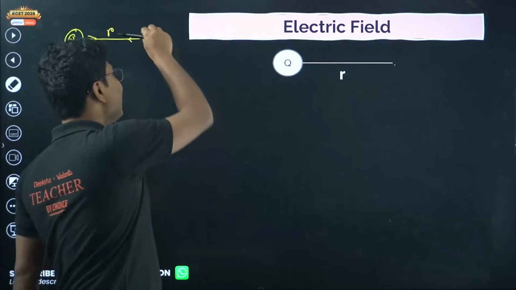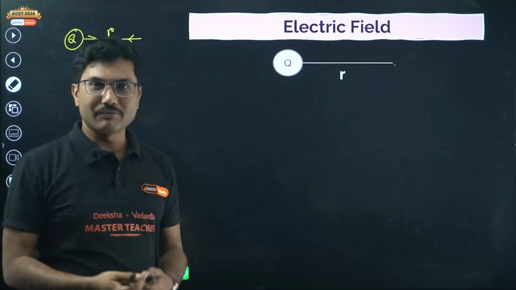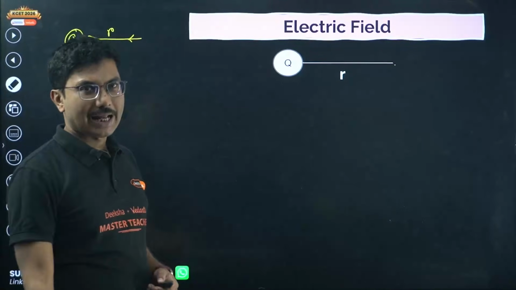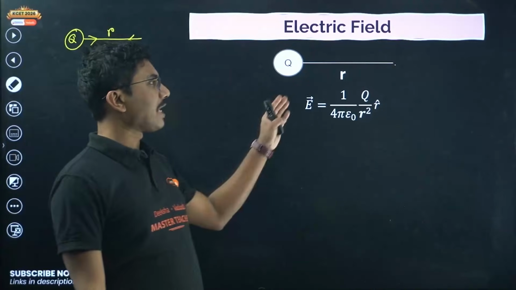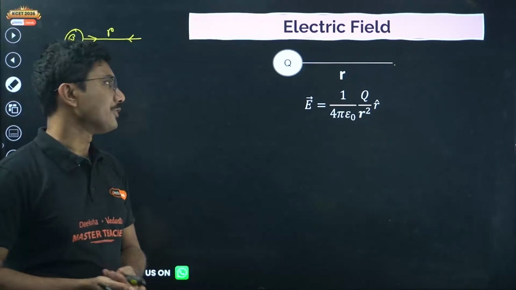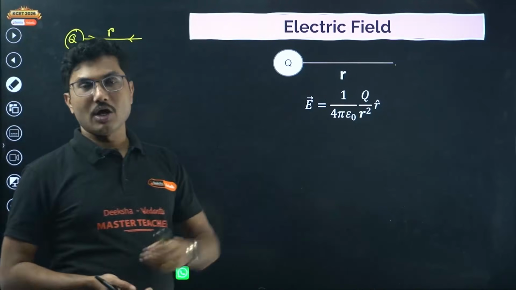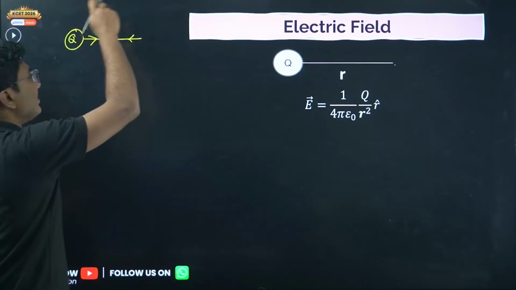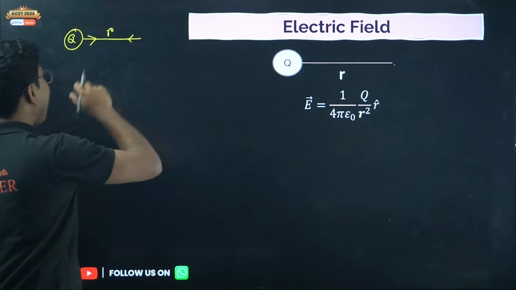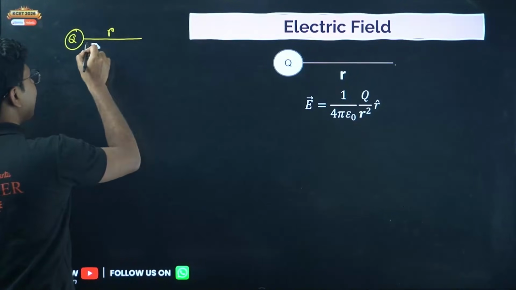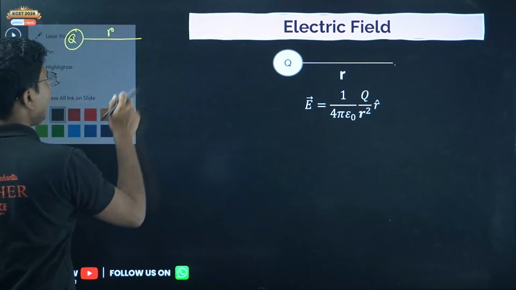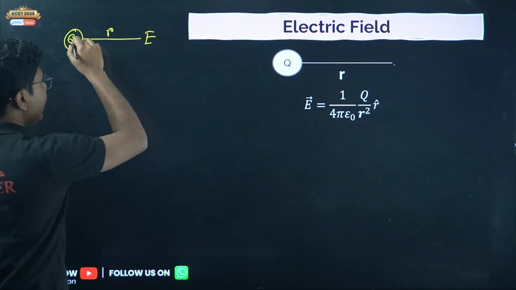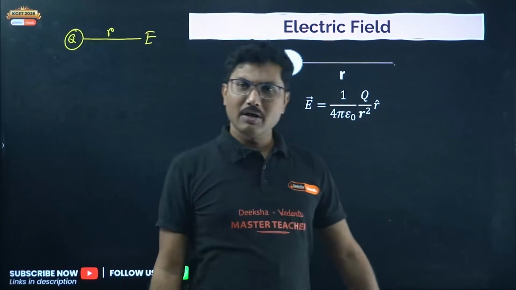We can put any charge over here and we can still feel the force, and that force can be calculated using this formula, which is called electric field. The effect of this original charge is called electric field.